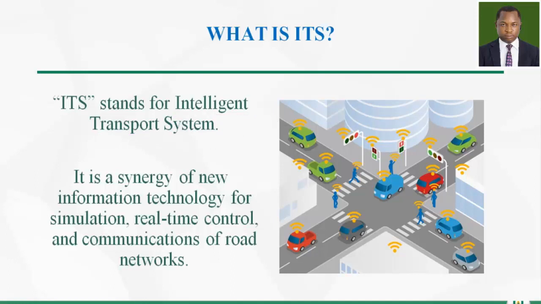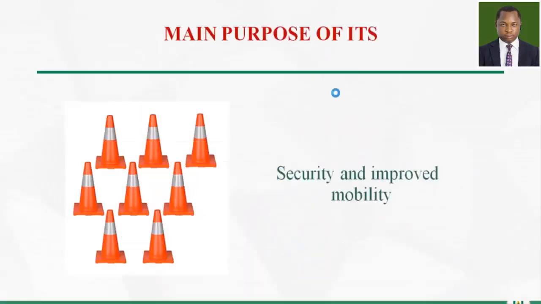Now let's look at the core essence of ITS. What is ITS actually made for? What is the actual purpose? The main purpose of Intelligent Transport System is security and improved mobility.